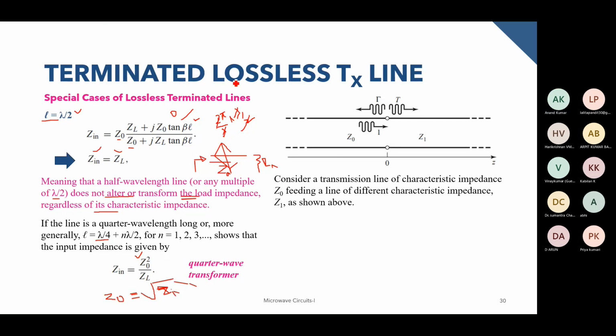Another case arises when a transmission line of characteristic impedance Z naught is fed to another transmission line with characteristic impedance Z1.